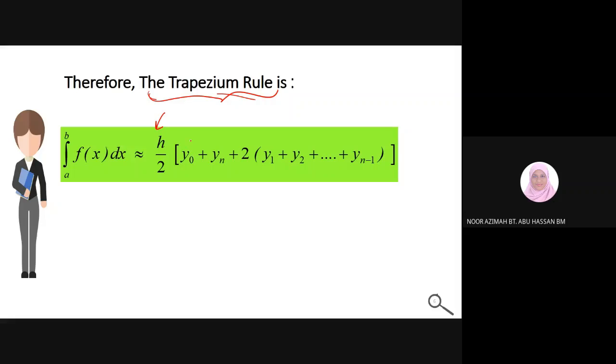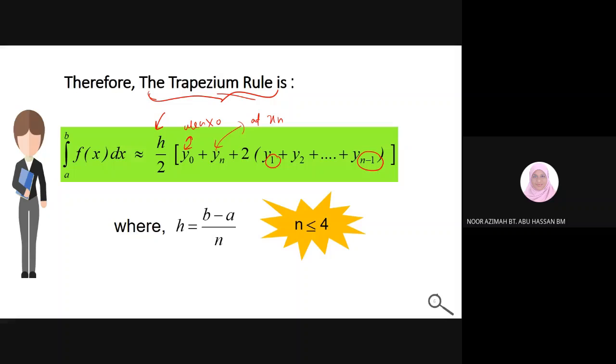y0 plus yn, where y0 is the value at x0, and yn is the last value of our ordinate at xn, plus 2 times y1 until y(n minus 1). And this formula is only true for n less than or equal to 4, meaning we could use it for a maximum of 4 strips.